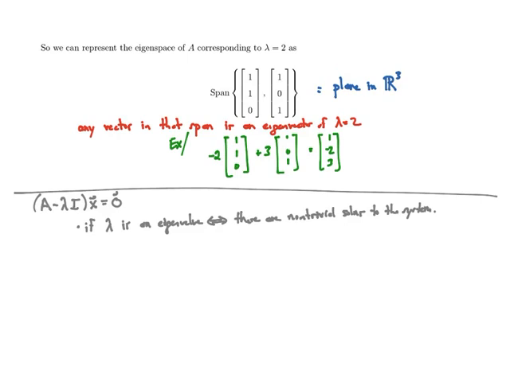And we saw that in our big theorem, the invertible matrix theorem, that if there are non-trivial solutions to a homogeneous system, this gives us a lot of different characterizations of that matrix. One of them being that A minus lambda I is not invertible.